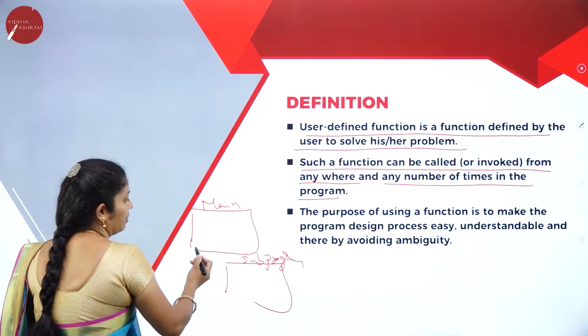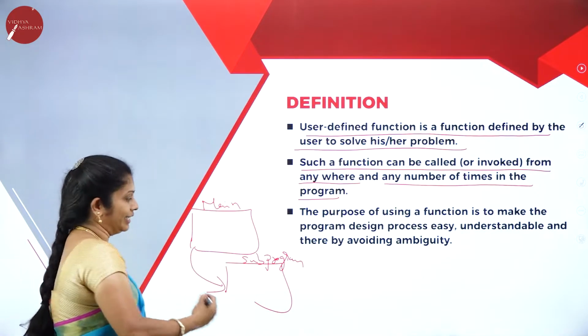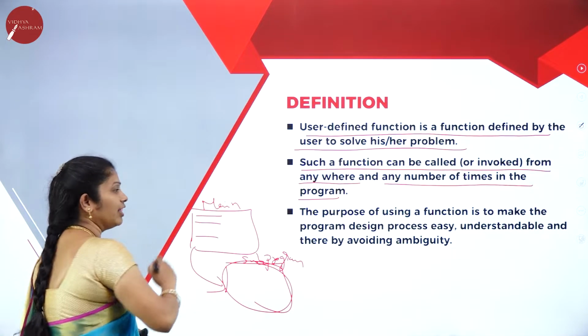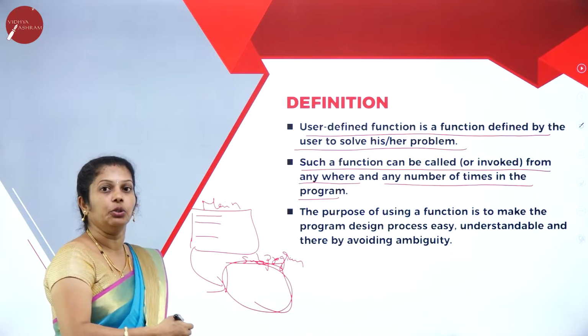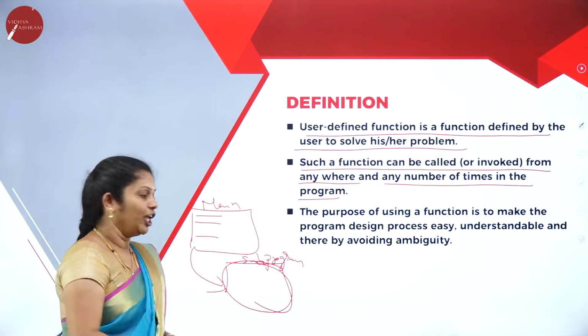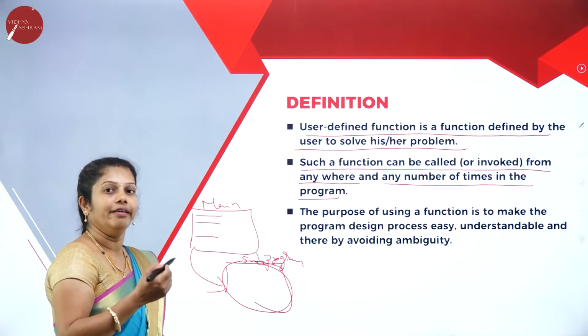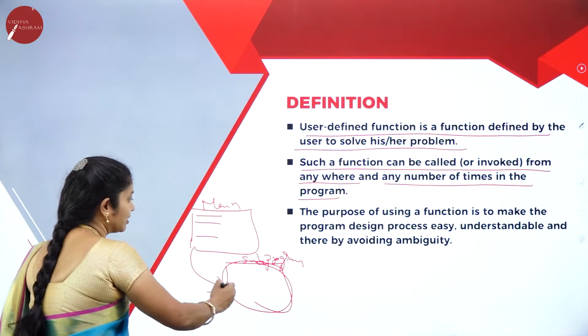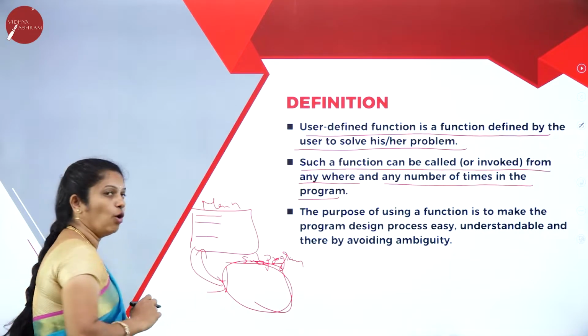In the main program, how many times I want, that many times I can call the sub-program, anywhere in the main program. Here the sub-program will perform the task and generate the result for the main program after processing.